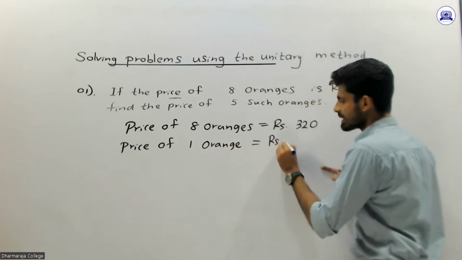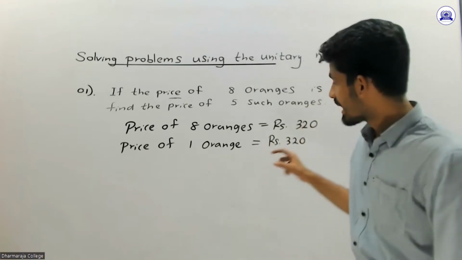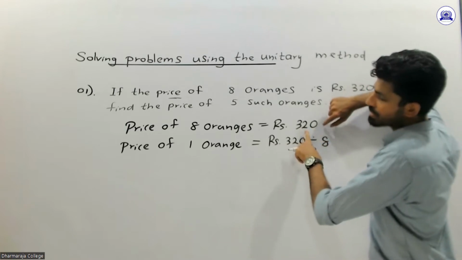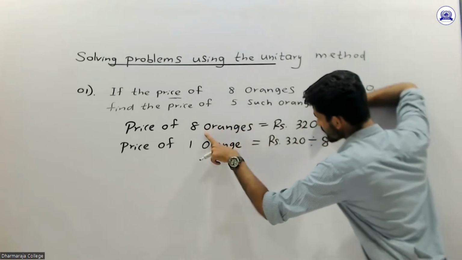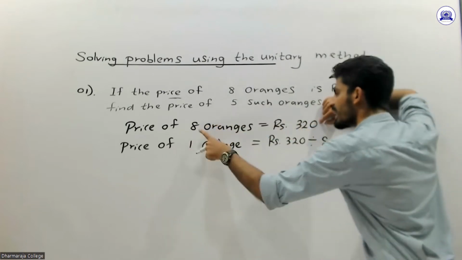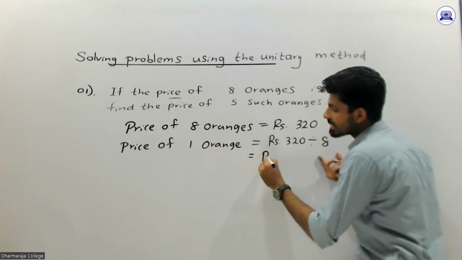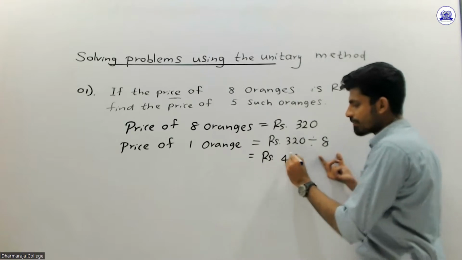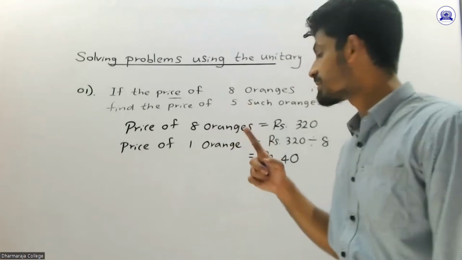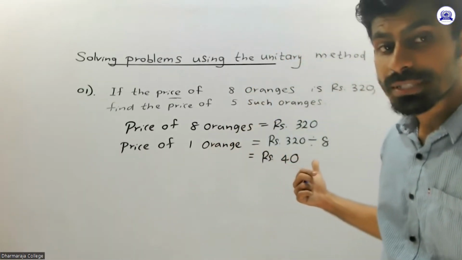That means 320 should be divided by 8, because this relates to 8 oranges. 320 divided by 8, what is the answer, my dear student? 40 rupees. Now we know the price of 1 orange: 1 orange equals 40 rupees.